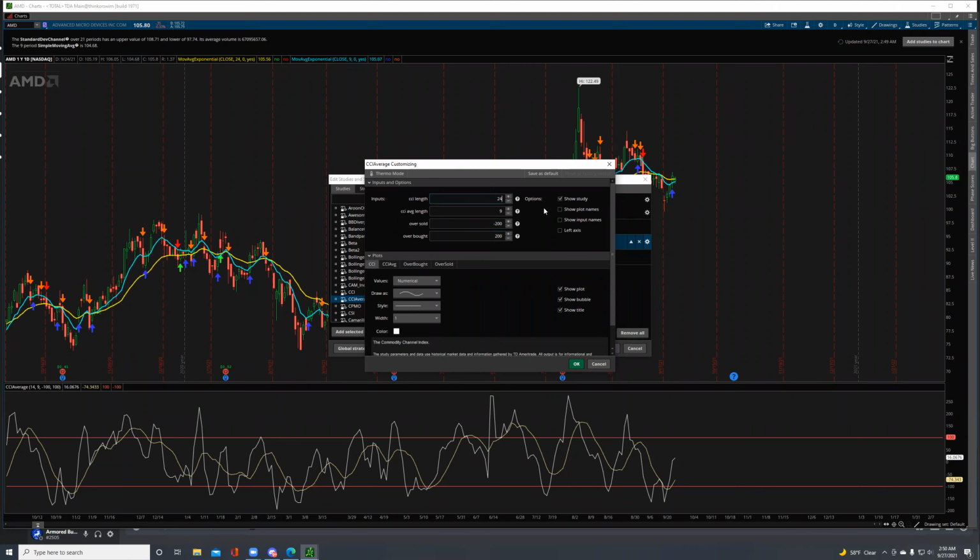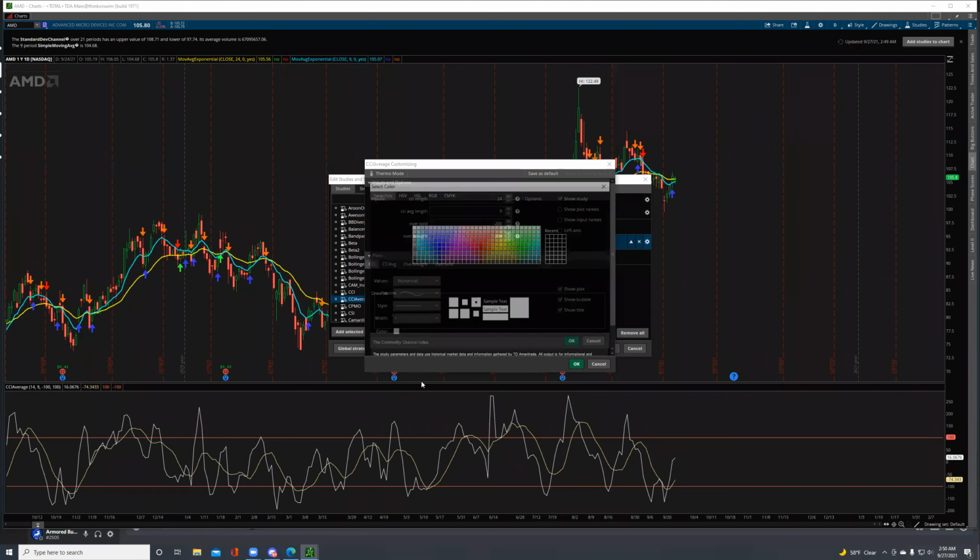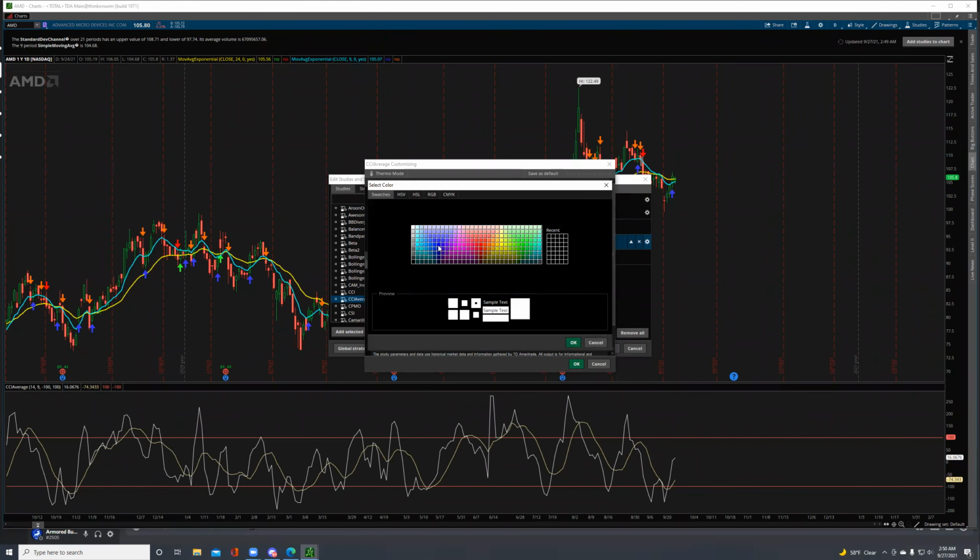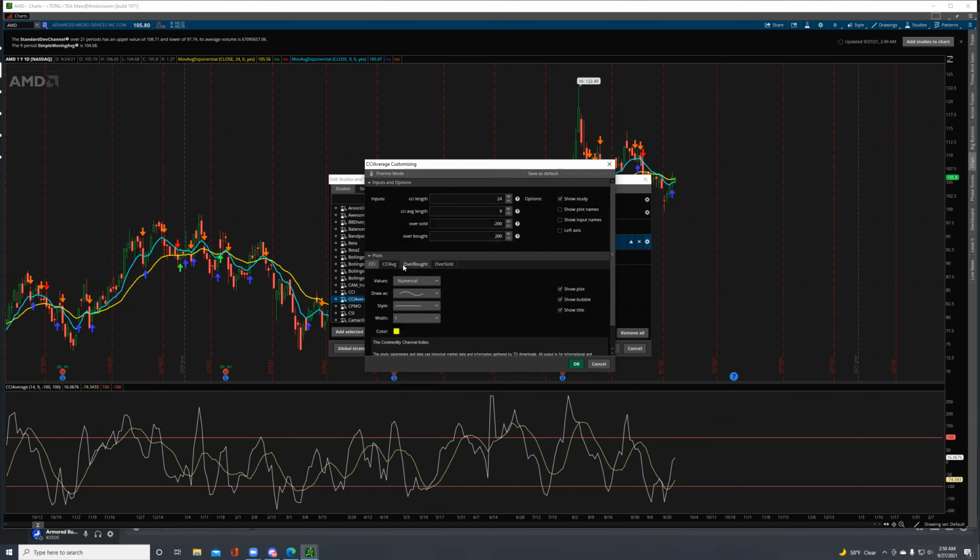Let's match our EMAs to see if we can get some real signal choices here. Let's change our colors. Let's go yellow. Overbought is going to be a sell signal.